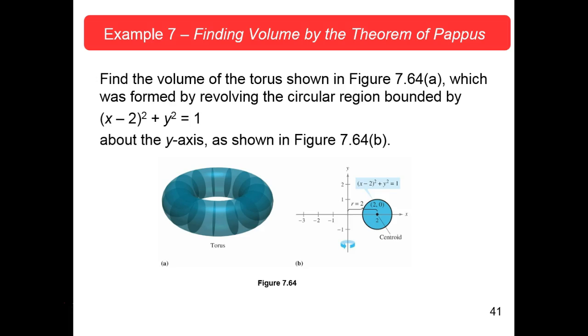Find the volume of the torus shown here, which is formed by revolving the circular region bounded by, okay, this is a circle, by the way, (x - 2)^2 + y^2 = 1. This places the center of the circle at x equals 2 out here, y equals 0, so it's on the x-axis, and then a radius of 1, if you remember your thing for a circle.